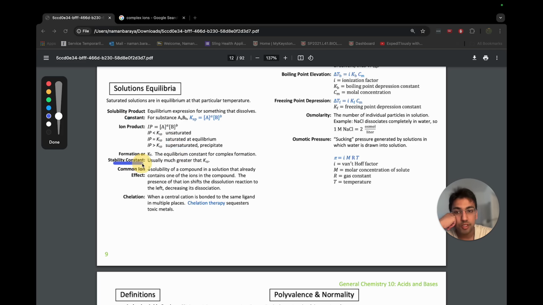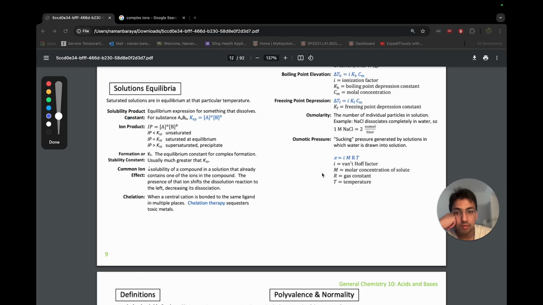Okay, now we have the formation or stability constant. This is just Kf, the equilibrium constant for complex formation. Usually it's much greater than KSP. We also have the common ion effect, which describes lower solubility of a compound in a solution that already contains one of the ions in the compound.